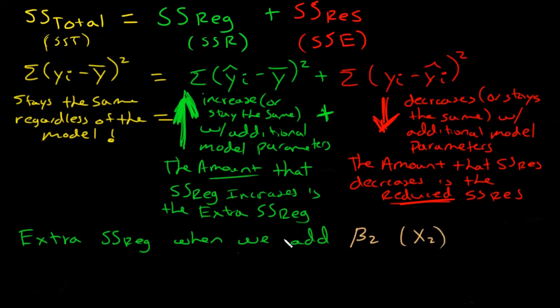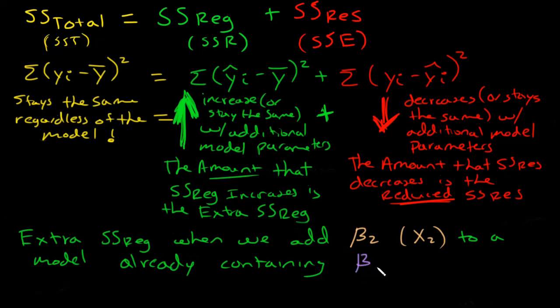When we add beta 2 to a model already containing beta 1, equivalently x1, and beta naught.